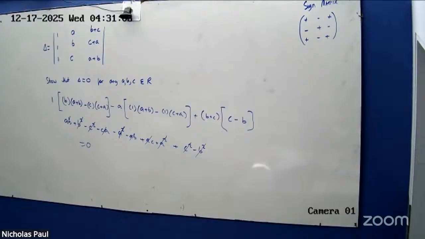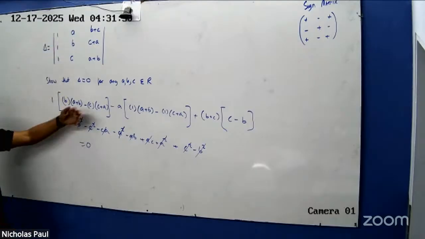Like if you switch the first row with the second row. What do you all think will happen to your final value if I switch these two rows?